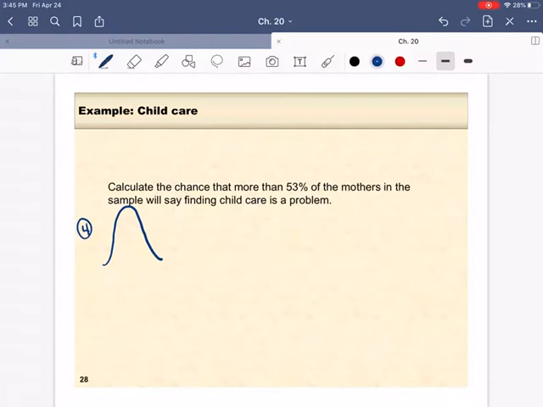Draw the normal curve. 50% is in the middle. 53% is what we're looking at, and it's more than that.